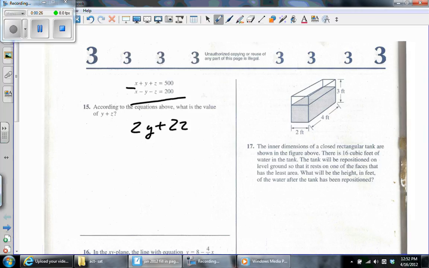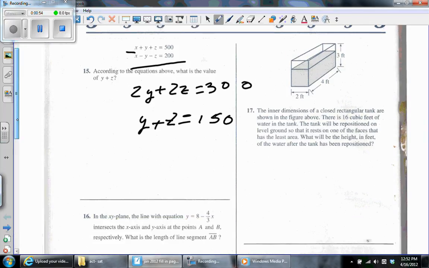I'm distributing the negative, equals 300. Divide everything by 2, we're left with y plus z equals 150. Done.